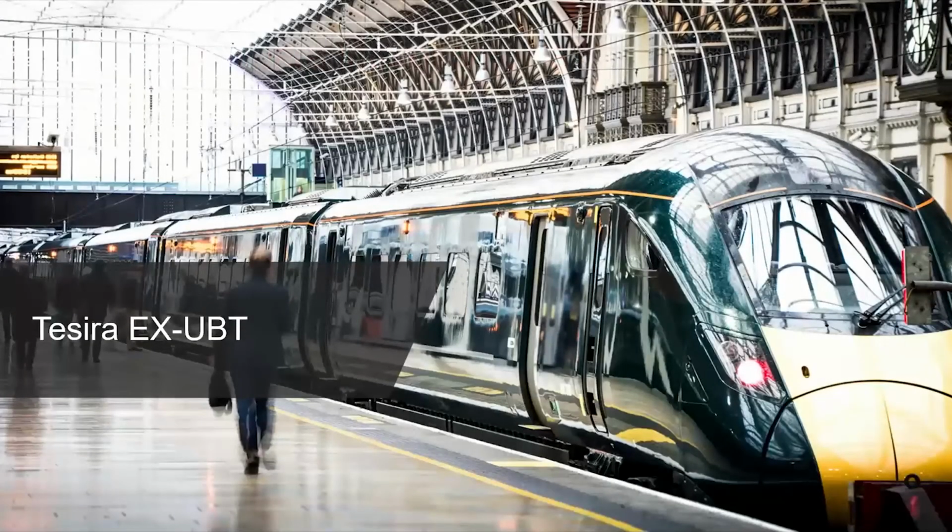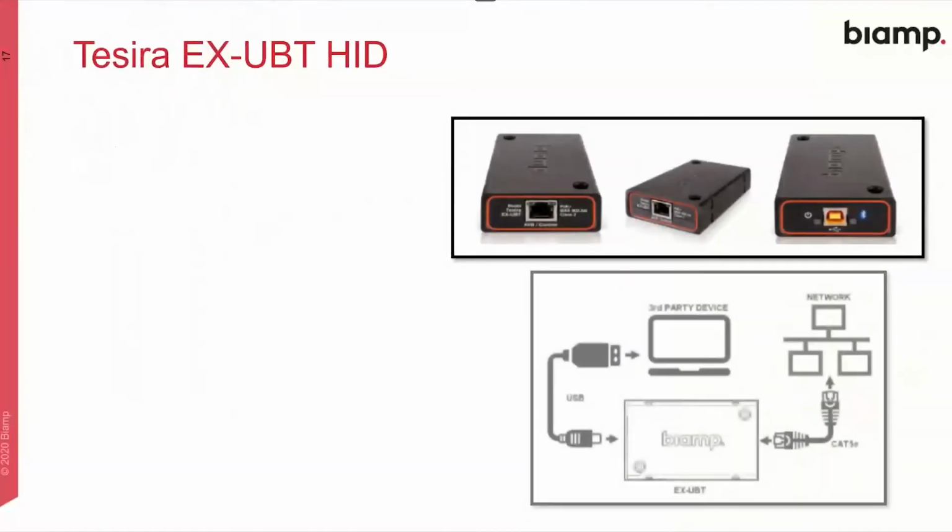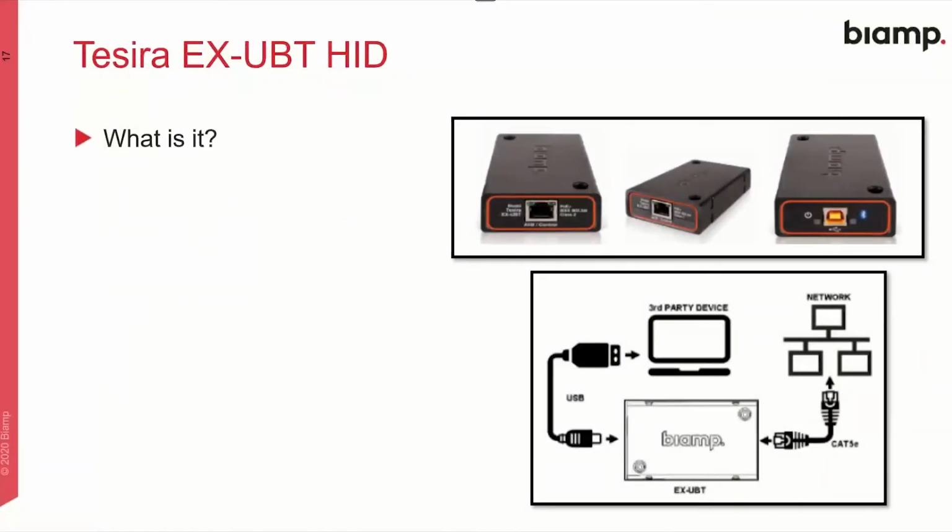The Tesira EX-UBT, many of you are probably aware of this, but what is it? At bare minimum, it is a USB audio extender over the AVB network, but it also has Bluetooth built in. It is probably our smallest physical size expander in the Tesira family.